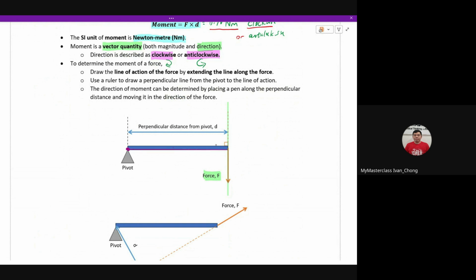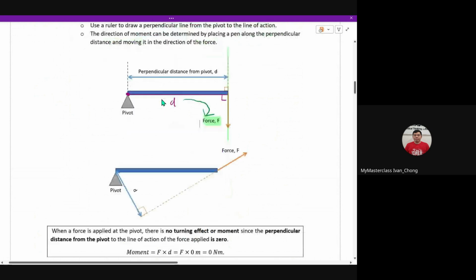You can see the direction, right? This is D, and you want 90 degrees. So if this is the direction itself, you can just imagine you take a finger and you move like this, right? So if you notice, this direction is like that. So this will actually give you a clockwise moment. You see that? Because you move right down. So it is going to be a clockwise direction itself.